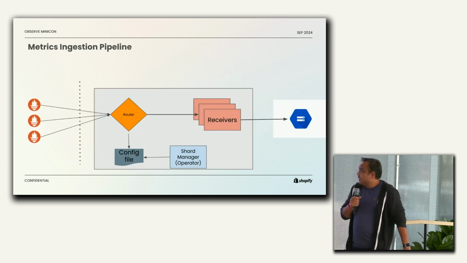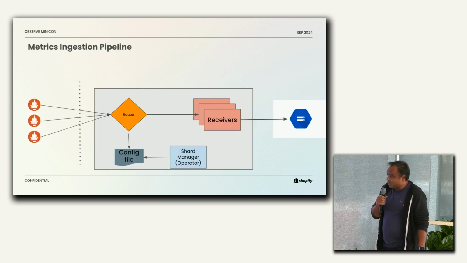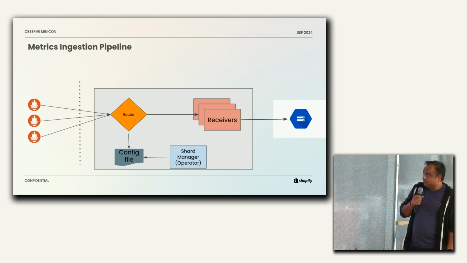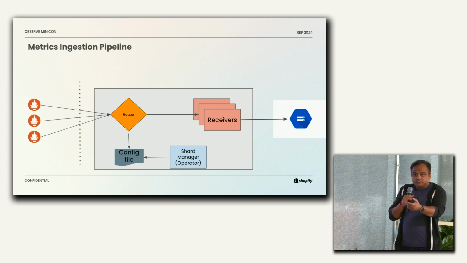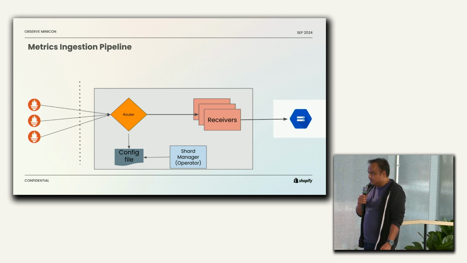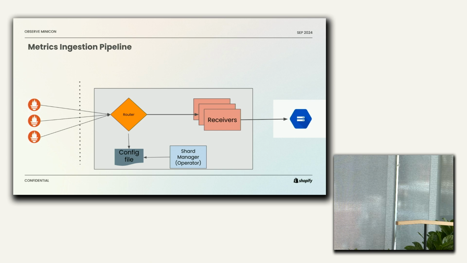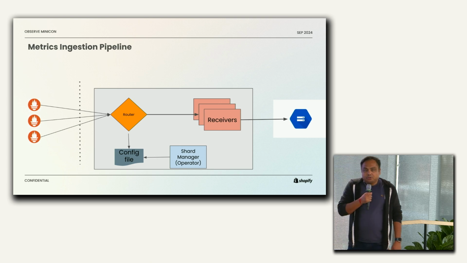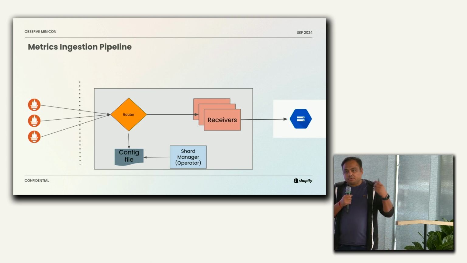I would like to start with a 1,000-foot view of our metrics ingestion pipeline. I think Philip, Sam and Andre already covered it. You can imagine we have Prometheus infrastructure running in Kubernetes client clusters, and these Prometheus are responsible for collecting metrics from that cluster.